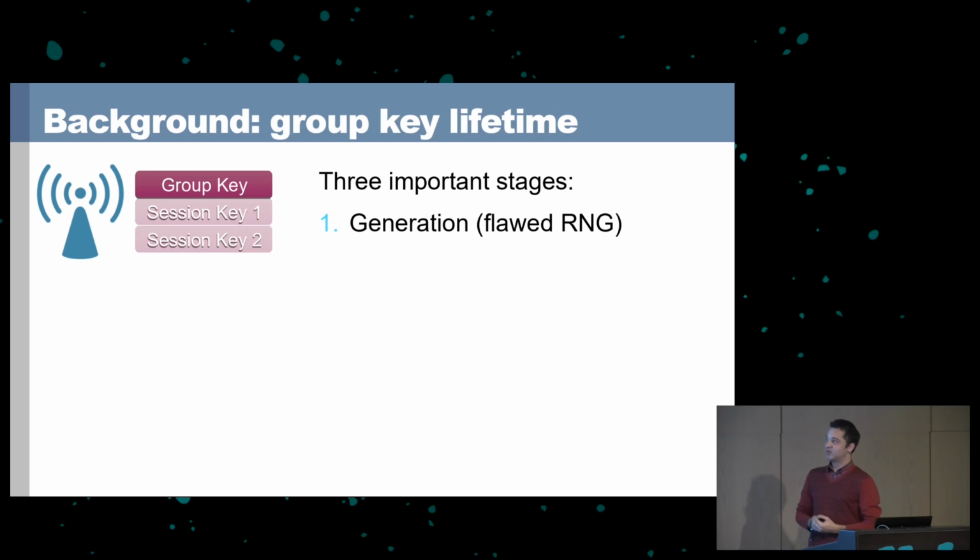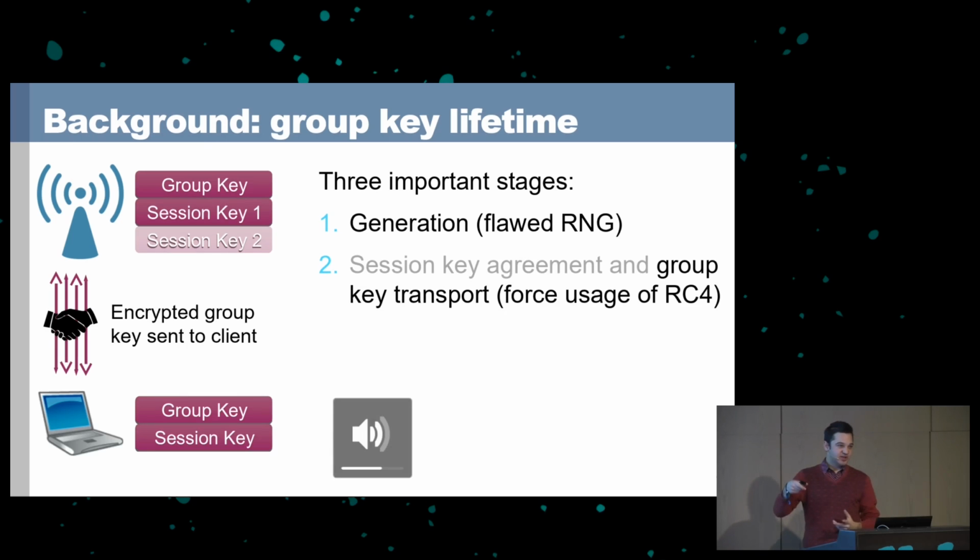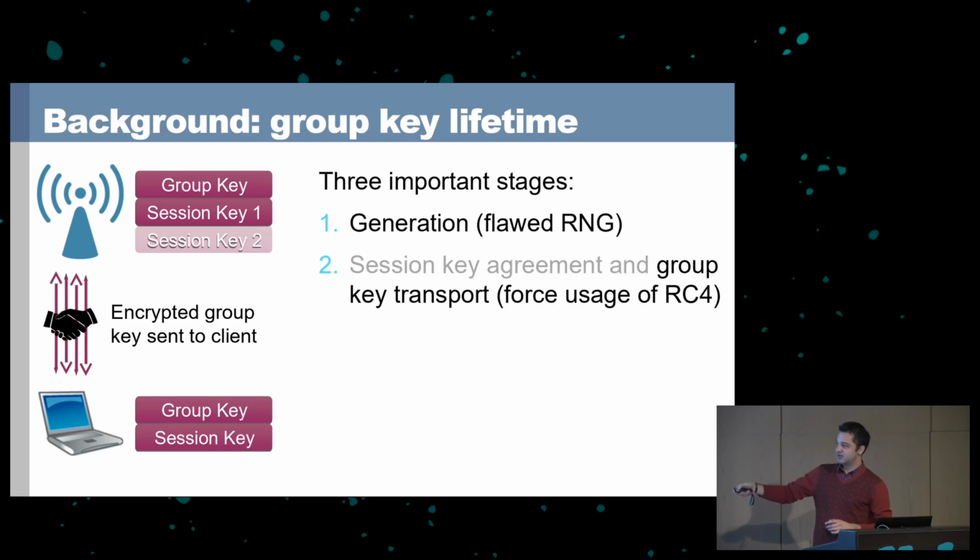The second part is when a client connects to the network. When it connects to the network, it performs this four-way handshake. It negotiates the session keys. These are sometimes also called the pairwise keys. And during this handshake, the group key is also transported to the client, because, of course, it needs to know the group key to be able to decrypt broadcast and multicast traffic.